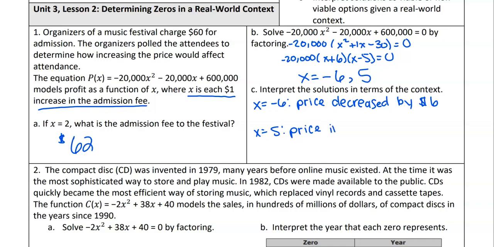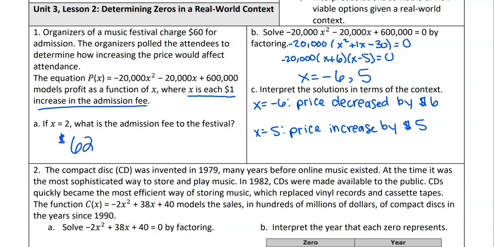The price is going to increase. So if the price decreased by $6 and if the price increased by $5, what does that mean to the profit of this music festival?